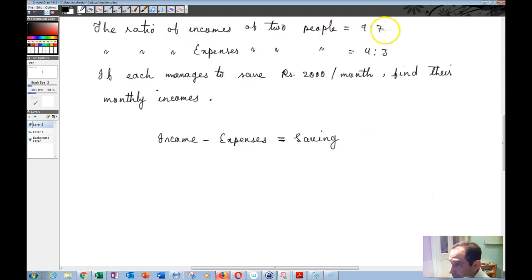Now if I take the ratio of incomes of these two people, 9:7, I have to use two variables here, x and y.